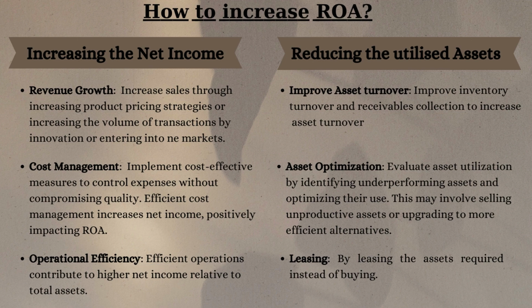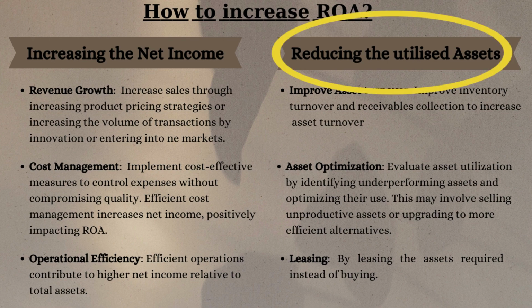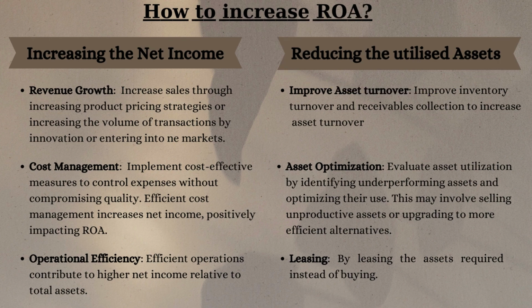Similarly, we can also increase the return on assets by reducing the employed assets of the organization. This can be achieved by working on various factors. For example, we can work on reducing the conversion period of raw material into finished goods. We can work on converting debtors into cash. We can also work on eliminating or divesting assets which are idle or not efficiently used.